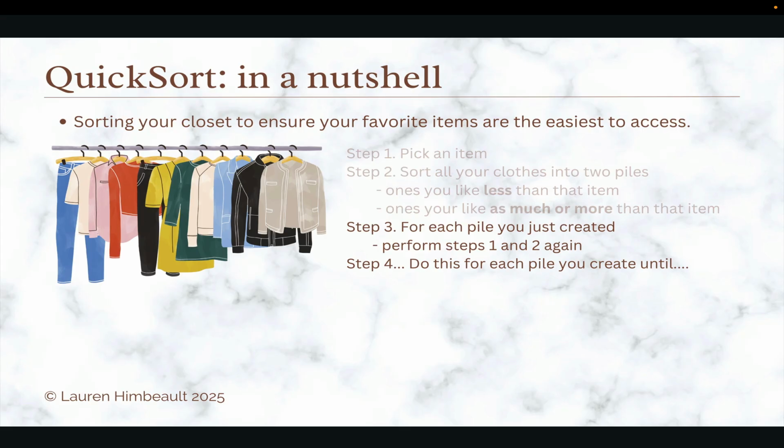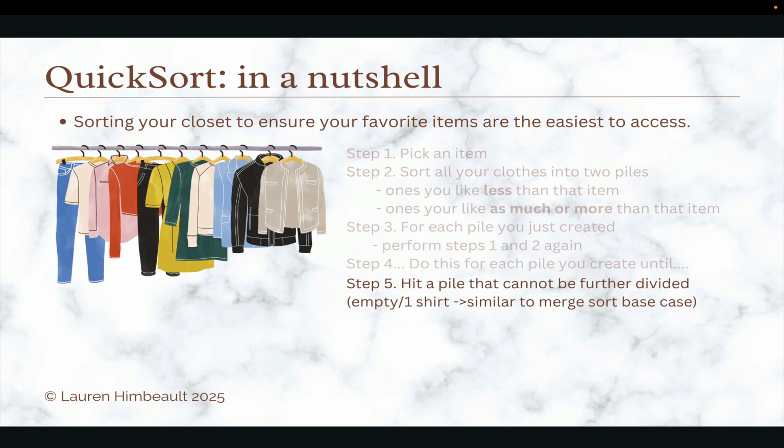For each of those piles we've created, perform those steps again. And then for each of those piles, perform those steps again. And keep doing this all the way until we hit a pile that cannot be divided any further, for example, an empty pile or a pile that only has one clothing item in it. Similar to our merge sort base case where we said an array of size 1 is already sorted.